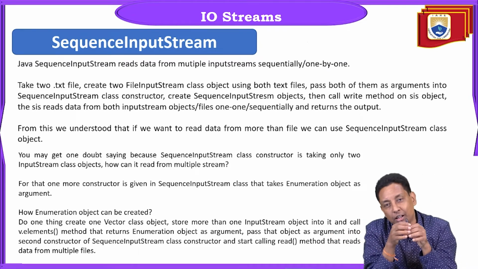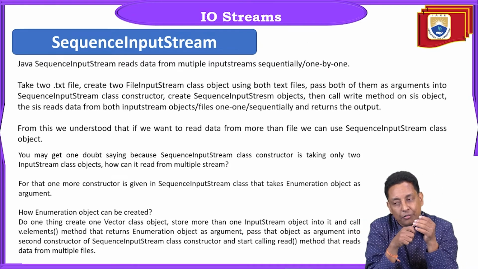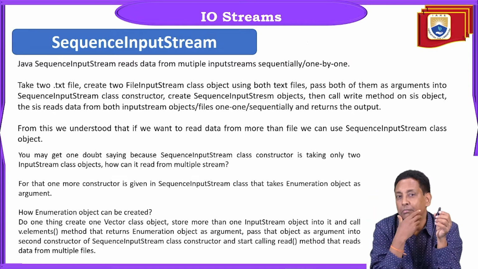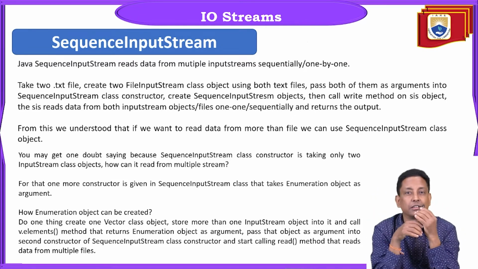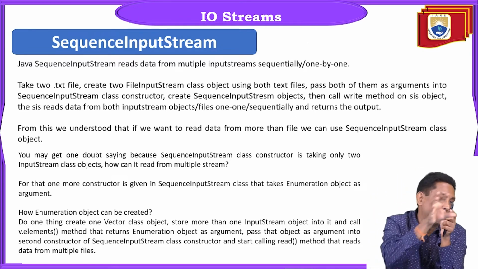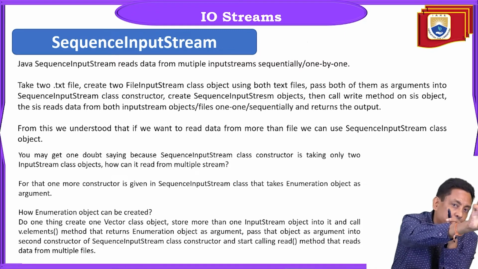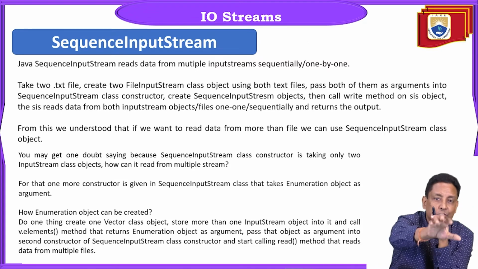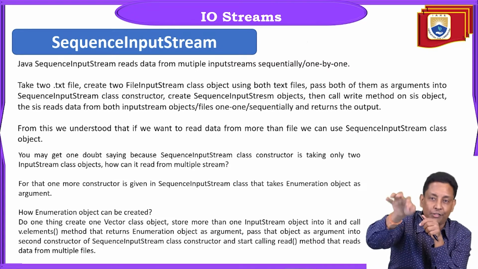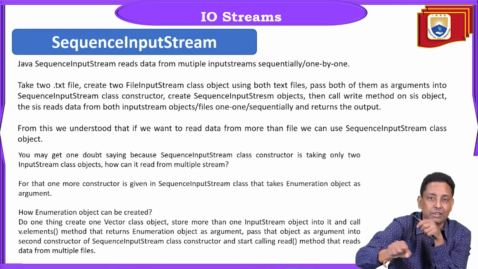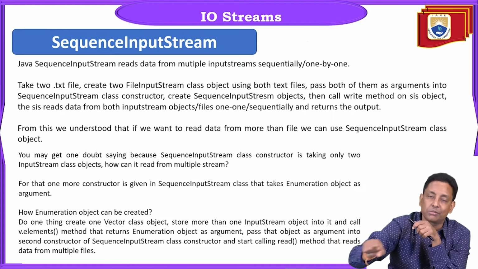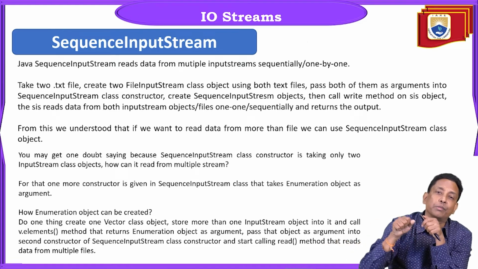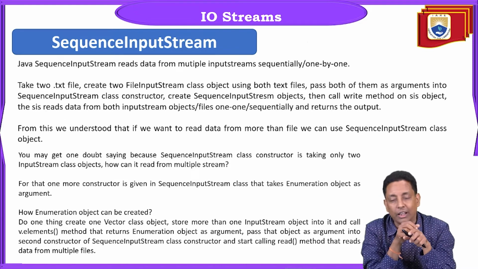If you want to read data from multiple sources, for each source we will create one input stream object: one file input stream object, one socket input stream object, one file input stream object to read from XML, one to read from JSON, one to read from the CSV file, like that.